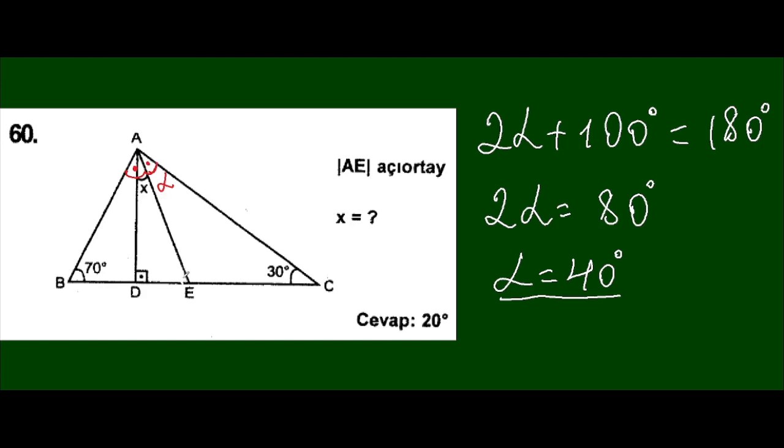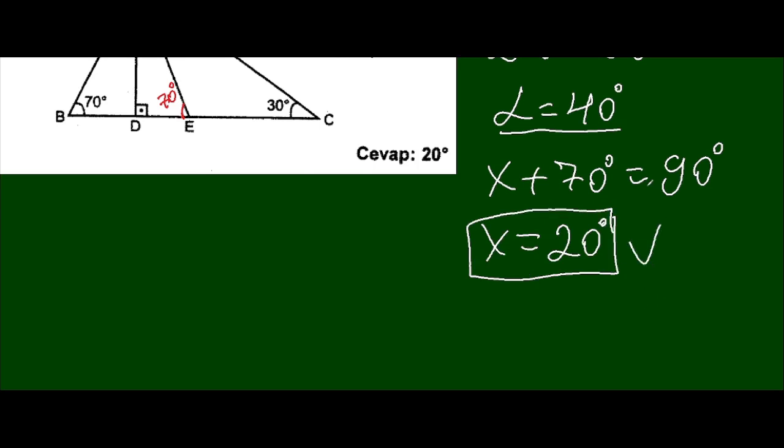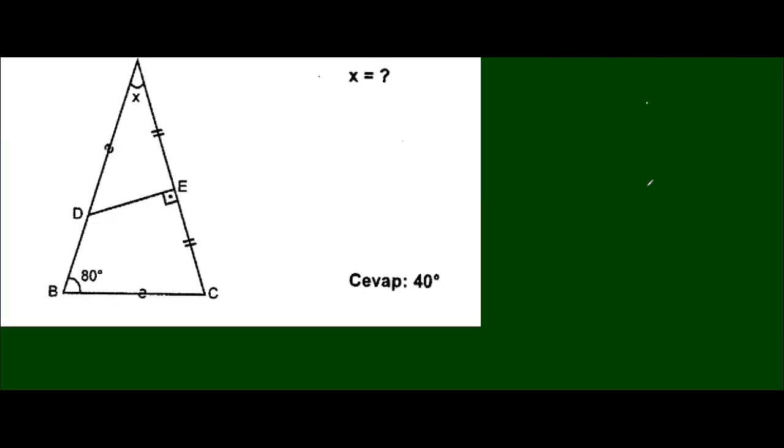Here we know that this angle is equal to alpha plus 30 degrees, so it is 70 degrees. From here we know that x plus 70 degrees has to give us 90 degrees. It is obvious that x has to be 20 degrees. This is the right answer. So let's move on.